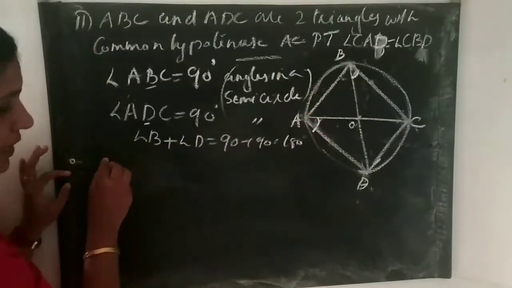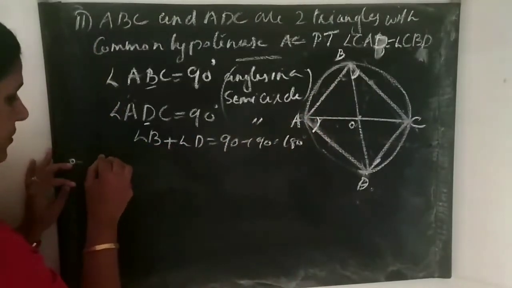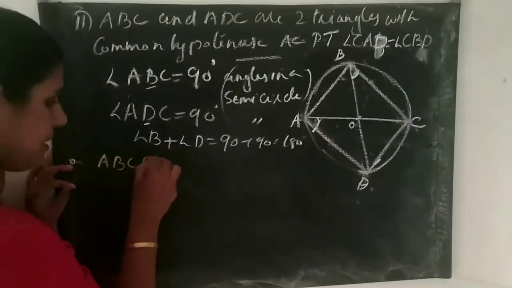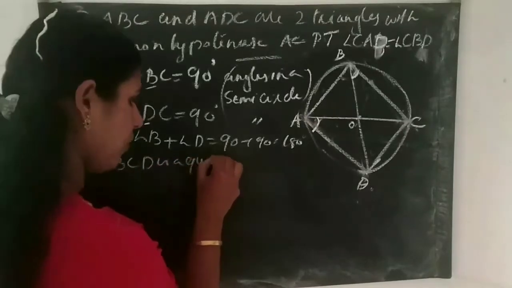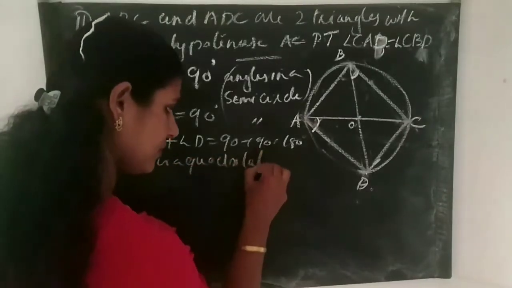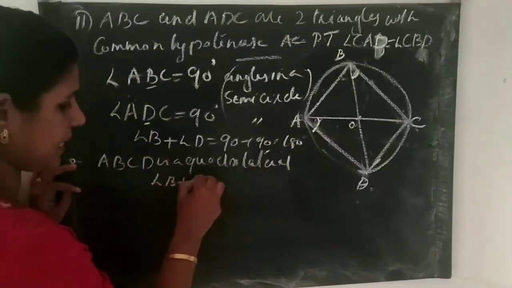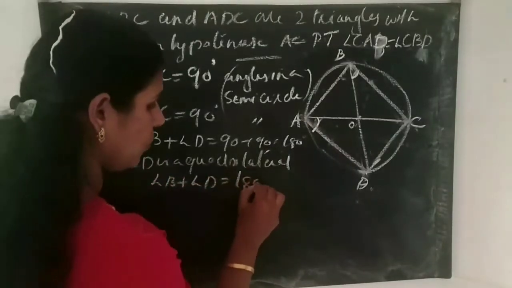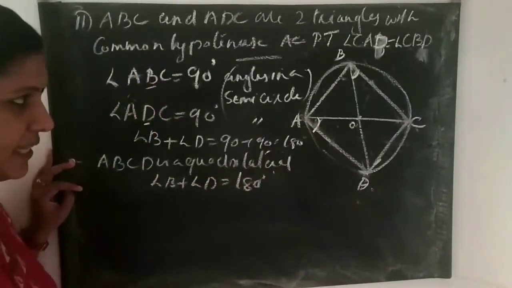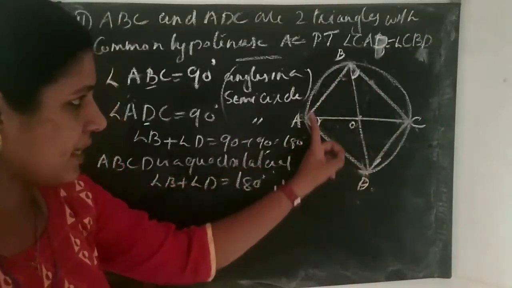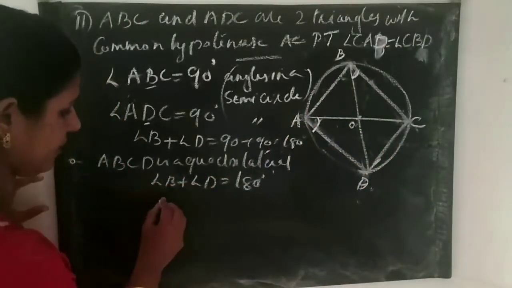So ABCD is a quadrilateral, with angle B plus angle D equal to 180 degrees. Then we can say that this quadrilateral is a cyclic quadrilateral.